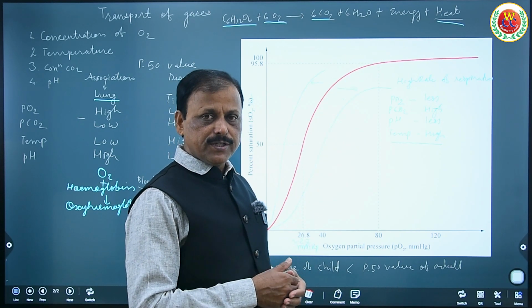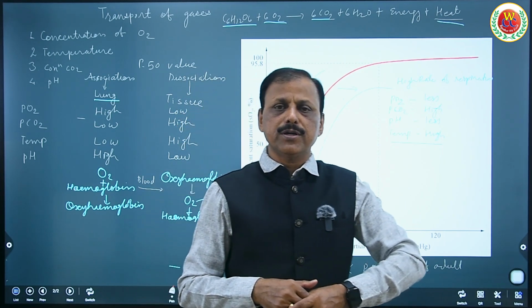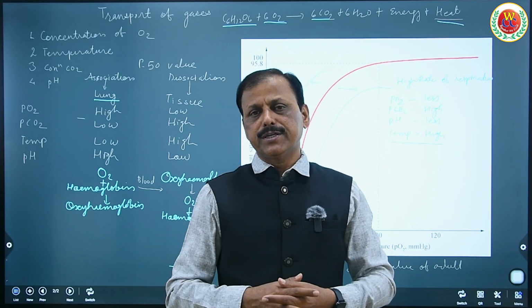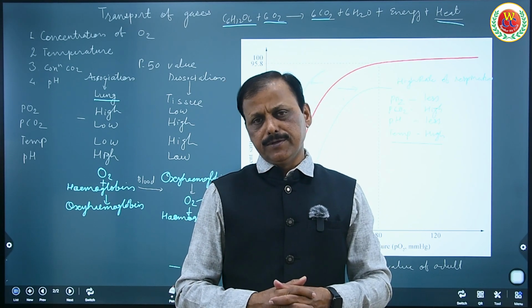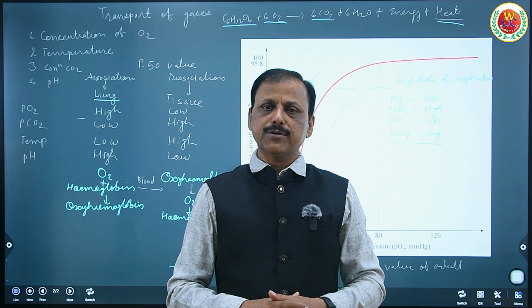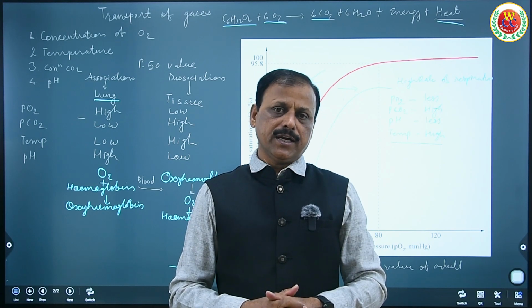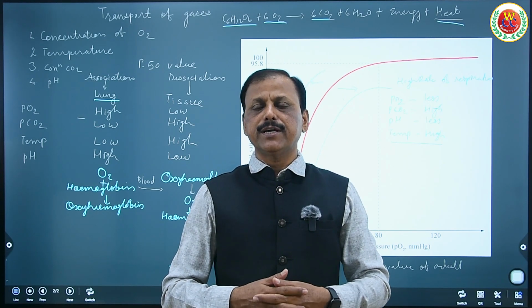When it gets fully saturated, by the time blood transfers from the lungs to the heart and from the heart to all parts of the body, when it comes in contact with tissue, that oxygen is delivered. So this is the process naturally controlled by our autonomic nervous system to deliver oxygen and collect carbon dioxide to exit out.